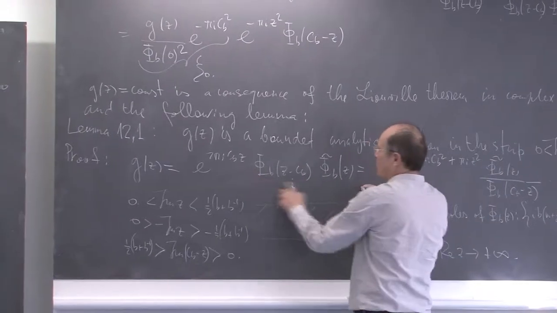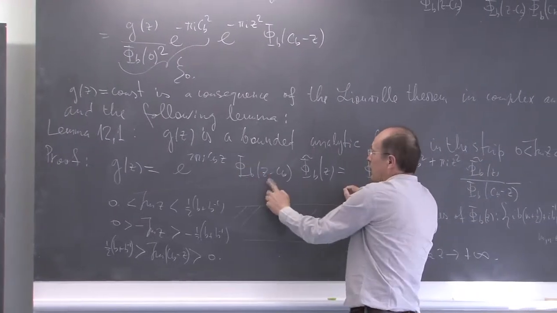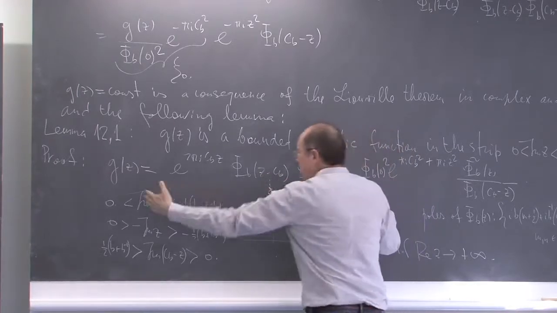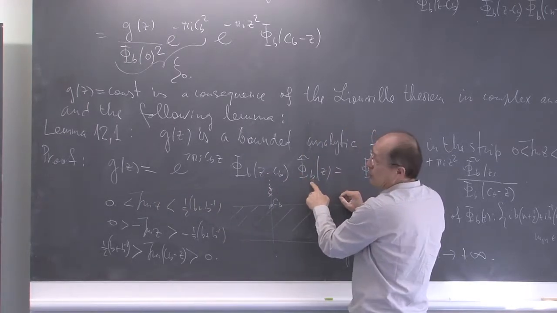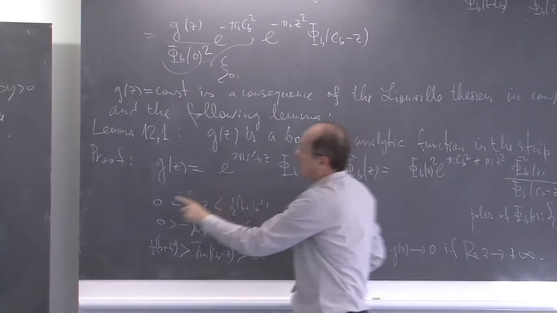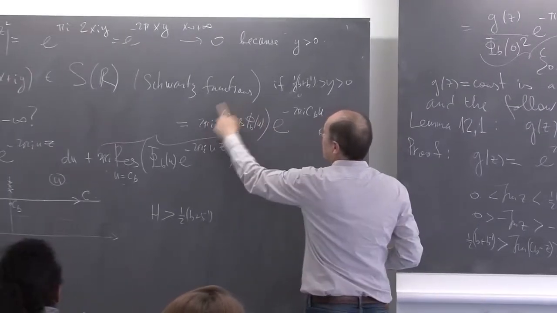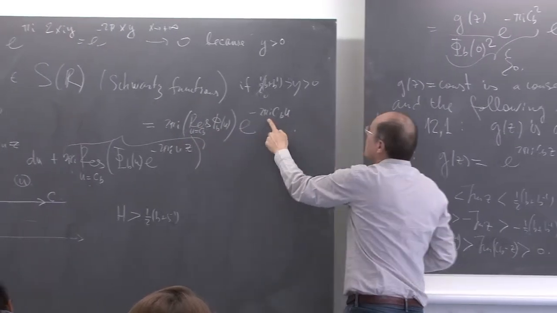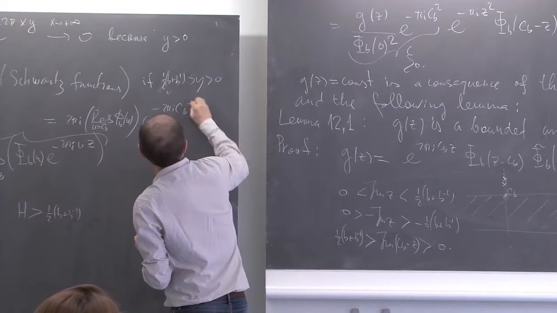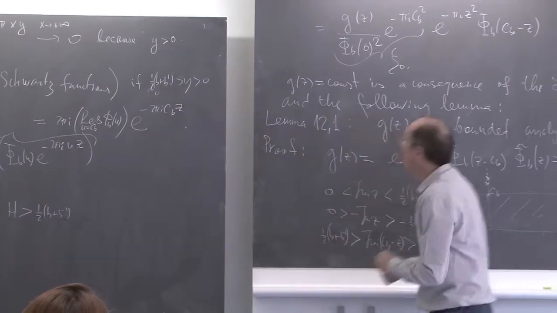So remember, this is bounded when the real part of z goes to minus infinity. And now the contribution, the residue part of phi tilde, is a constant. This is the z independent part. Times, sorry, this is z, right? Because u was specified.